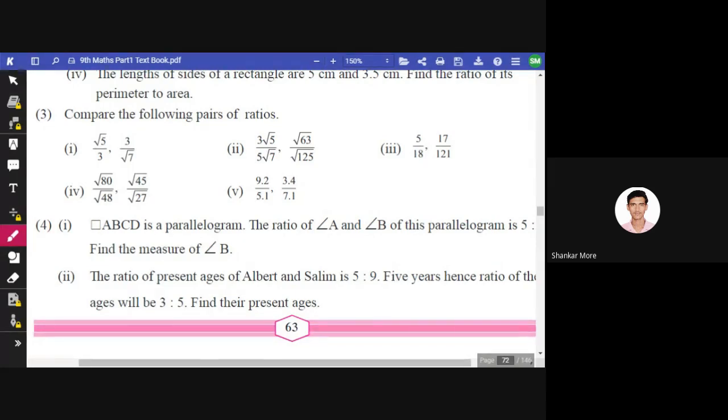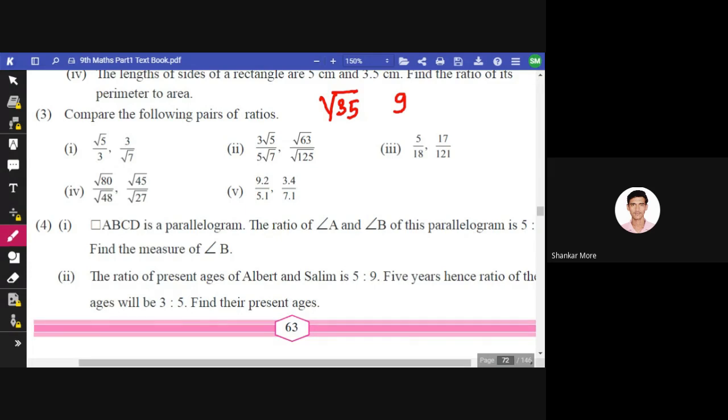How do we calculate? In the first place, we should note the process. In this ratio we have to do cross multiplication. So it would be under root 7 5s are 35, and here it would be 9, right? So how do we compare this? Now here it is under root 35 and here it is 9.